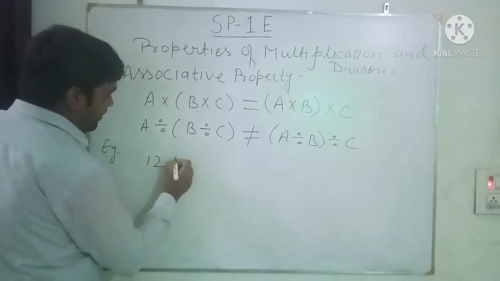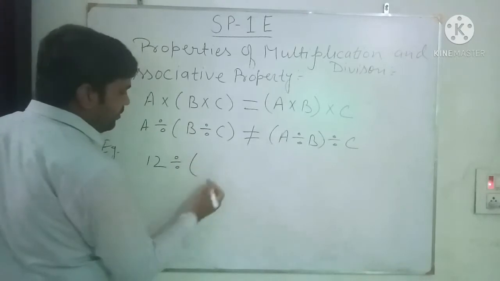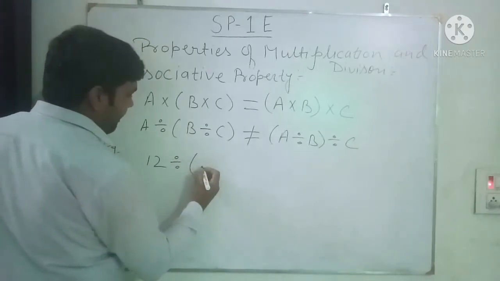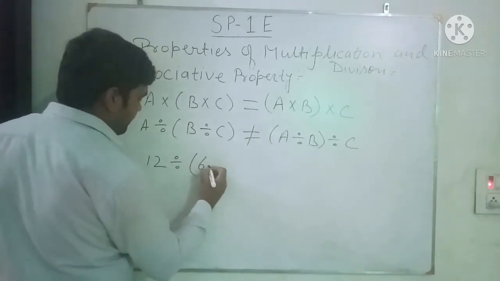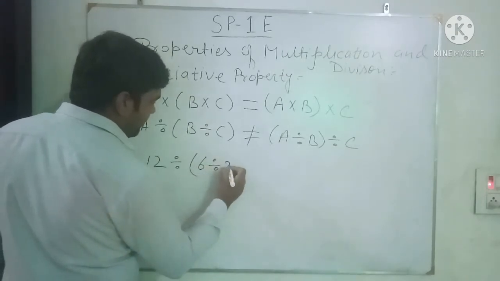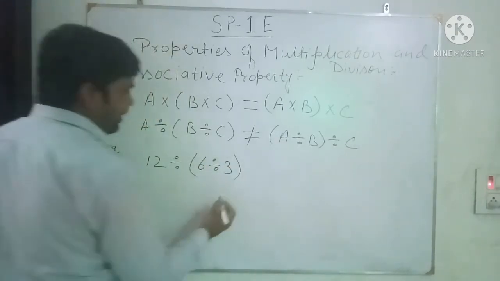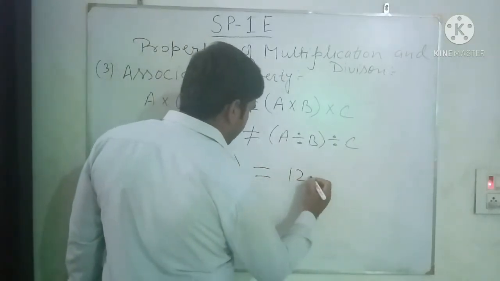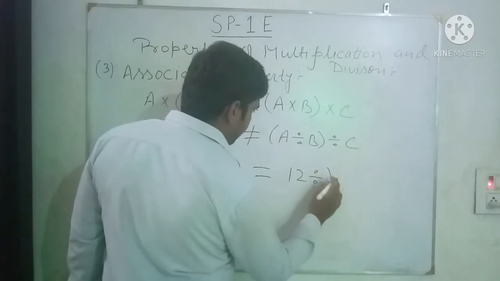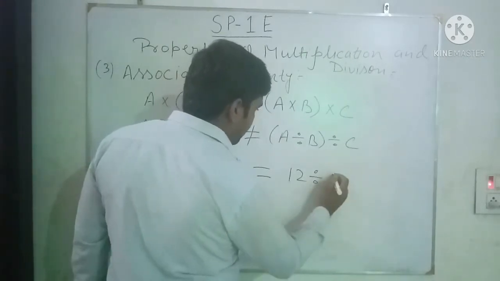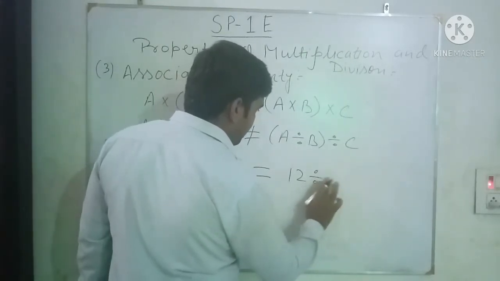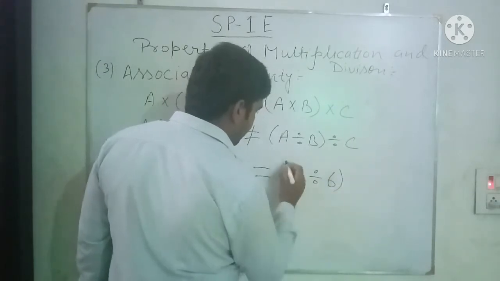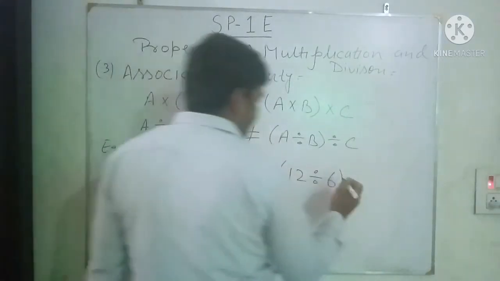Example, here we are going to take 12 divided by the number 6 divided by 3. Okay, and here we will take another pair, 12 divided by 6 divided by 3.